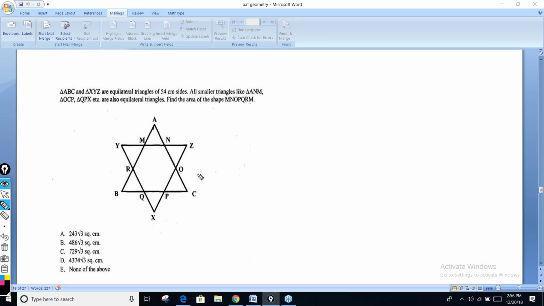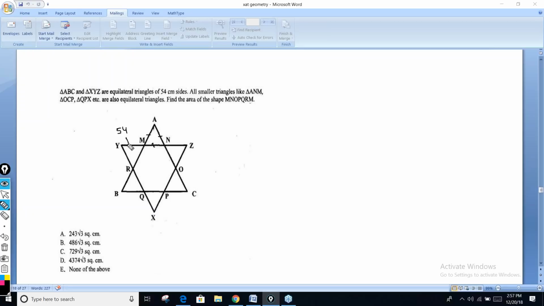Second question. Triangle ABC and triangle XYZ are equilateral triangles of 54 centimeter side. This side is given as 54 centimeter, the bigger side. All the smaller triangles are also equilateral triangles. So if they are equilateral triangles, these three sides have to be equal. This is possible when the figure is in symmetry.